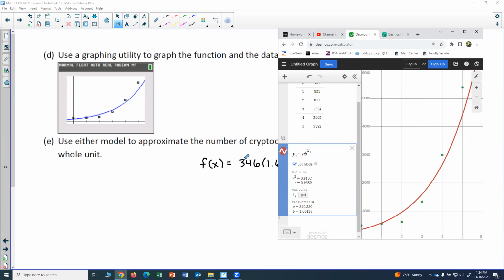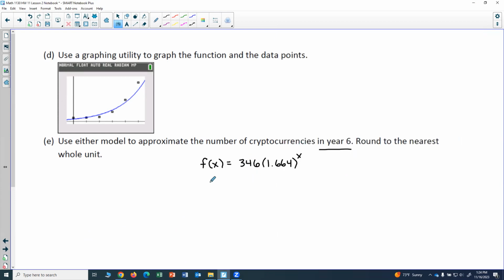Okay, just double checking I wrote it down correctly. So f of 6 in year 6 is going to be 346 times 1.664 to the 6th power.